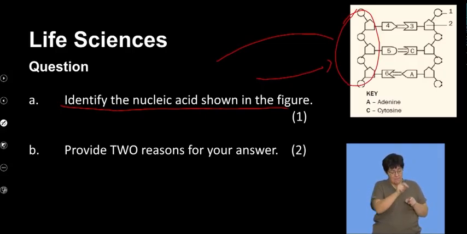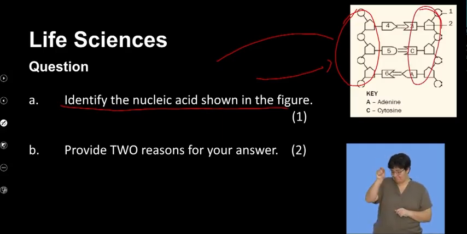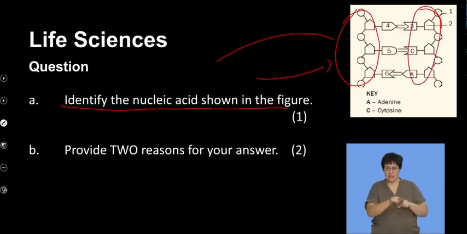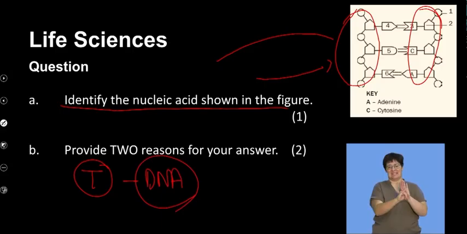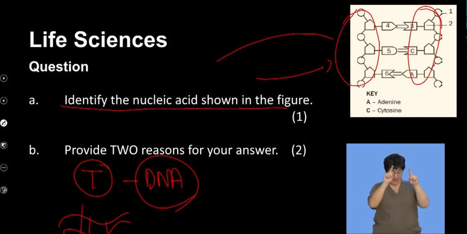We can see that it contains 2 strands. And more importantly, we've just identified that it contains a thymine base, and that's unique to only DNA. Using that, we're able to link our understanding of the uniqueness of DNA: it's double-stranded and it contains a thymine nitrogenous base.